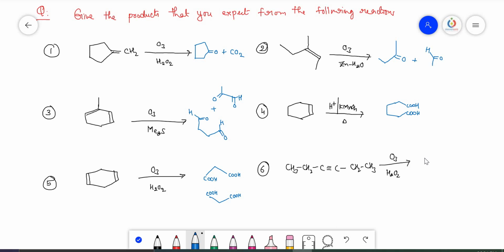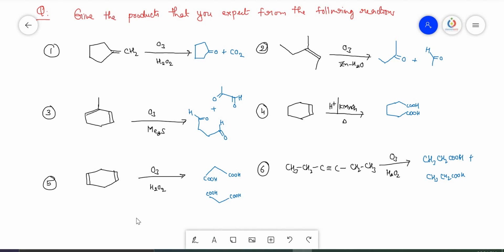So just disconnect this one. You get CH3CH2COOH plus CH3CH2COOH, meaning two same molecules. So these are the products we actually get in these reactions.